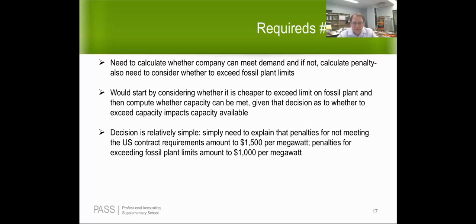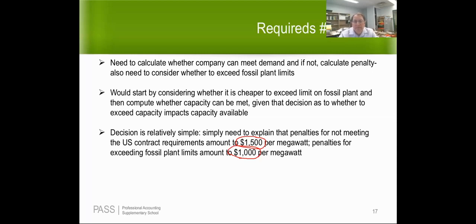The penalties were $1,500 per megawatt for not meeting the U.S. contract. The penalties for exceeding the fossil plant limits were $1,000. What would you rather do? That was literally one of the requirements that people should have addressed. So which one would you rather do? I think I'd rather exceed the fossil plant limits. Cheaper, $1,000 per megawatt.